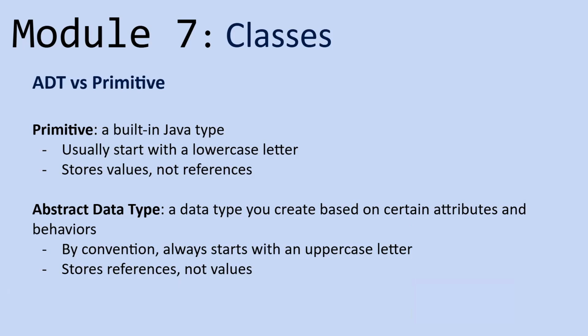But an abstract data type is a data type that you create or someone creates based on certain attributes and behaviors being bundled together. That's always going to be a reference. And so an abstract data type is always going to start with an uppercase letter. You see the uppercase letter, you know that's an abstract data type. And then it stores references, not values, which is why we saw in the previous example, when we set Abby equal to Dorian, it's just referencing the person we made when we initialized the Dorian object.